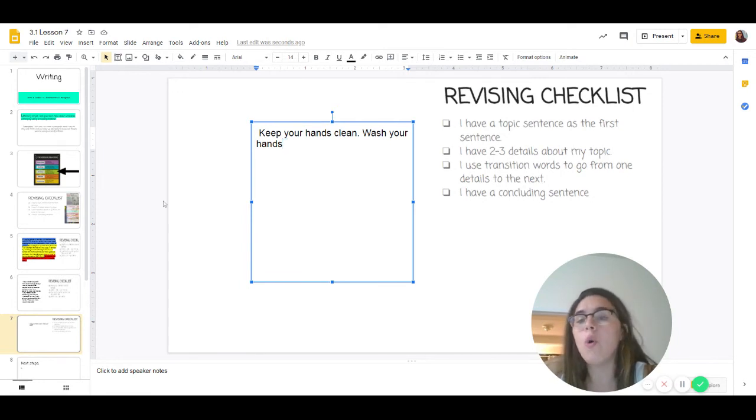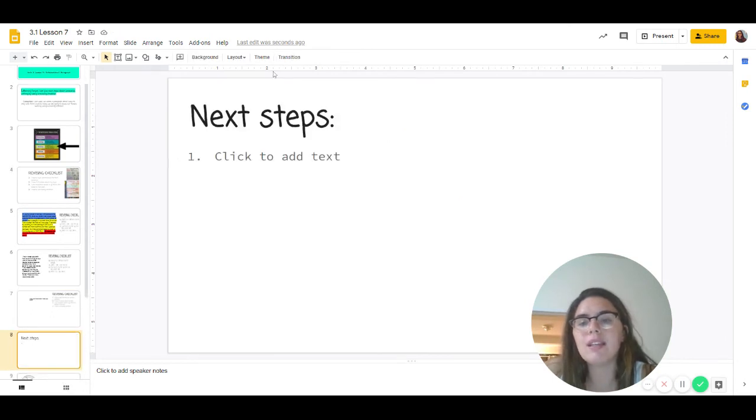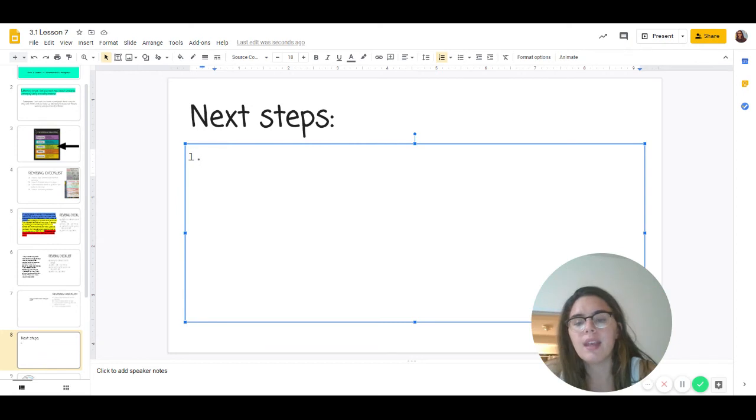So this student is almost there. I would say the student has at least one really good detail, right? They have at least one really good detail, but they really need to go back and fix that whole thing and make it a paragraph. So if I had to give this student next steps, I would say add a topic sentence.